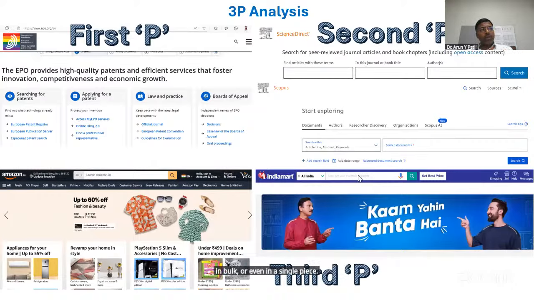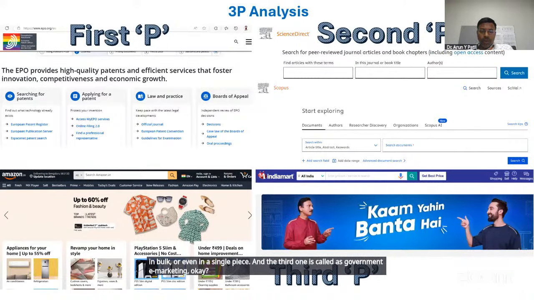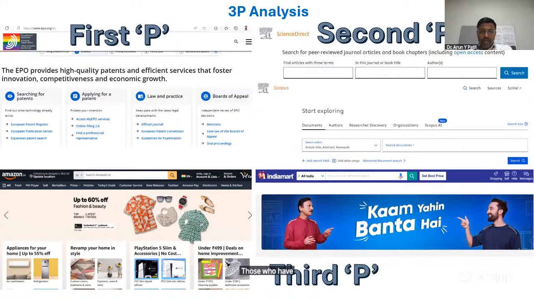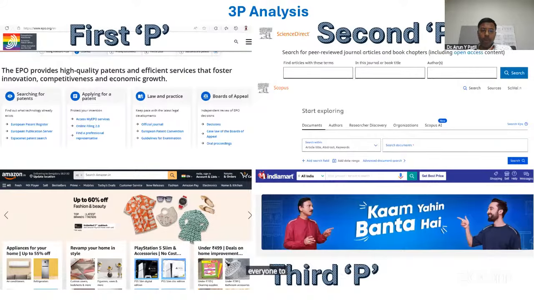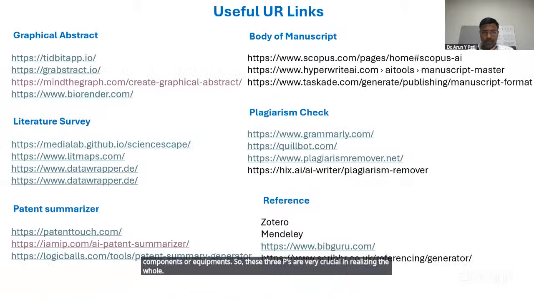And the third one is called government e-marketing, also known as the GeM portal. Those who have got funding know very well about it, because the government insists everyone go through the GeM portal and purchase the components or equipment. So these three P's are very crucial in realizing the whole concept.